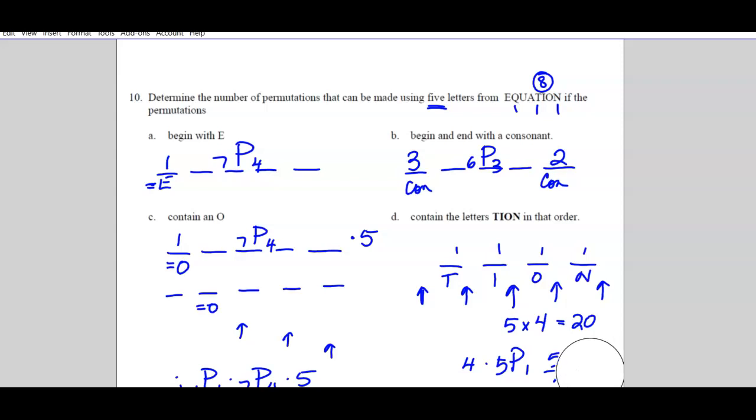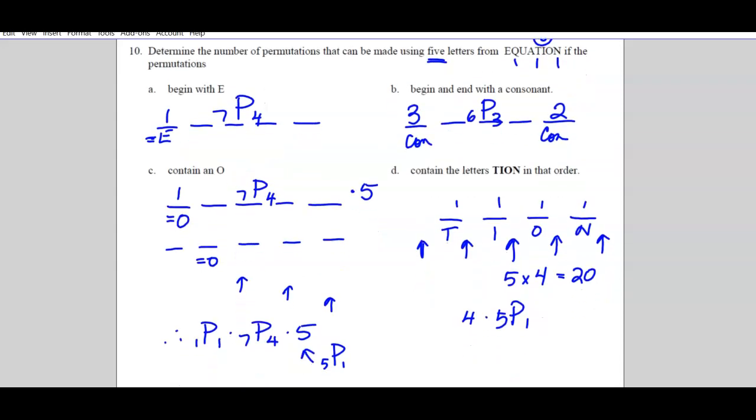Yeah, if we wanted to do that. Yeah, 4 letters, and these are your places that you're choosing one. Yep. Yeah, that's a good way of looking at it. I just kind of think about it the other way. Yep.